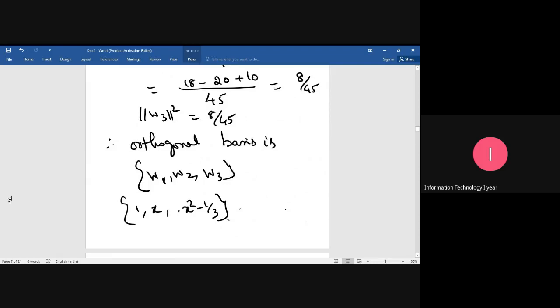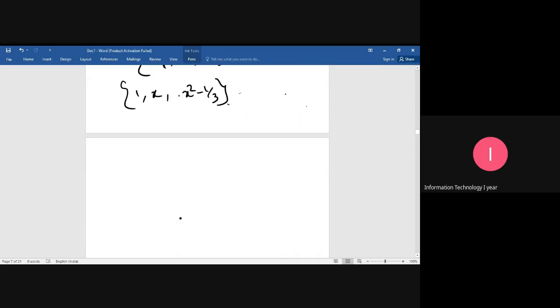So then find out now orthonormal basis. It is actually W1 by square root of norm W1 square.